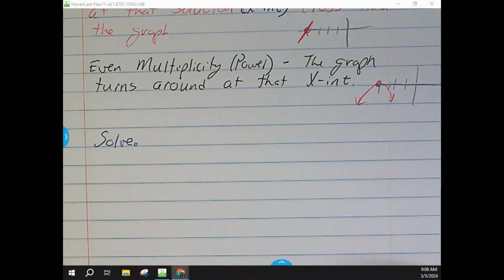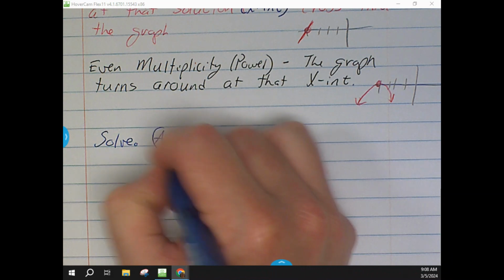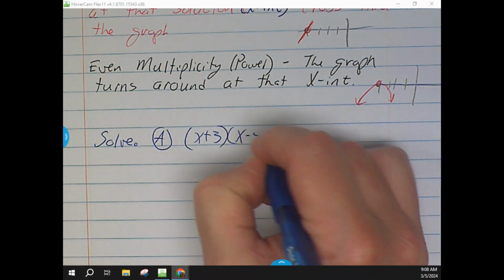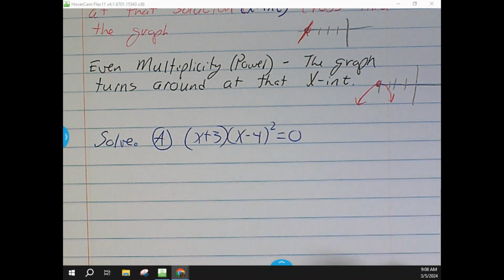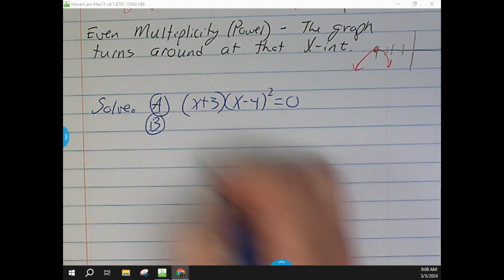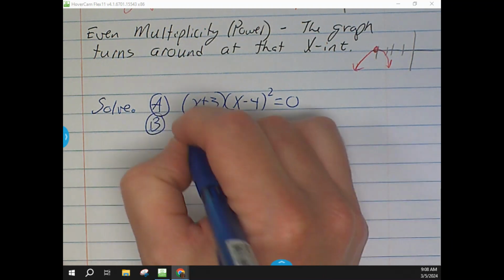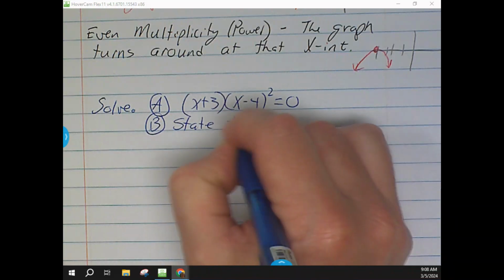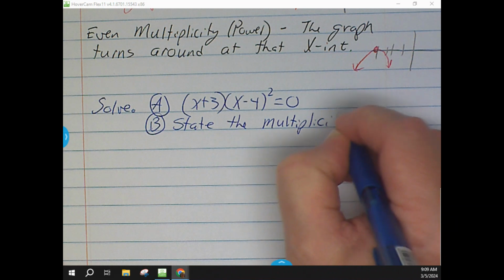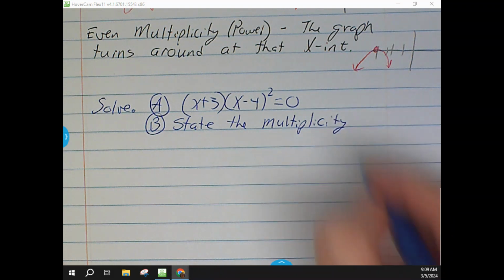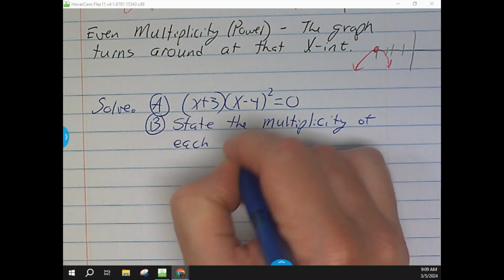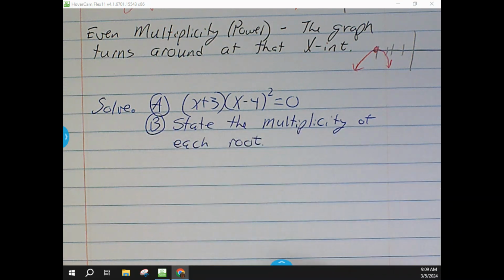So we're going to solve this equation: x plus 3 times x minus 4 squared equals 0. We're going to state the multiplicity of each root, each solution, each x-intercept, however they want to call it.